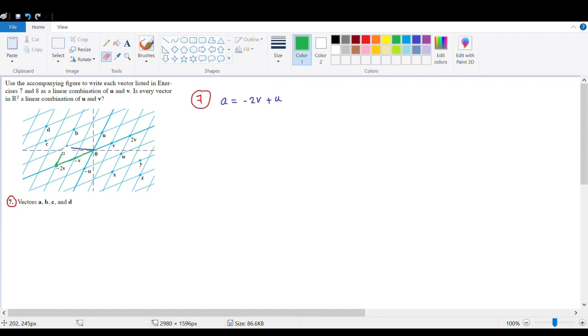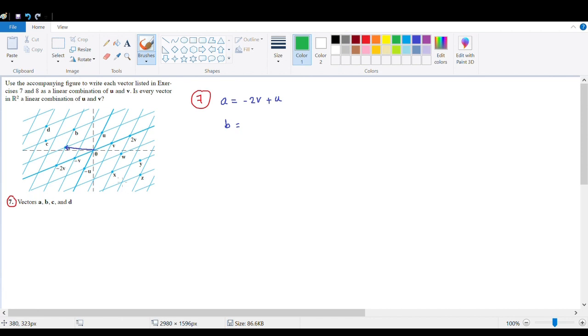So now let us see another vector. Then we have B, the vector B. Where is B?